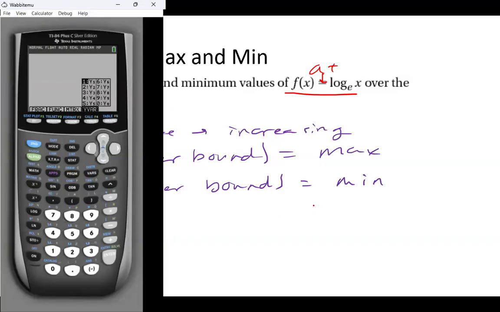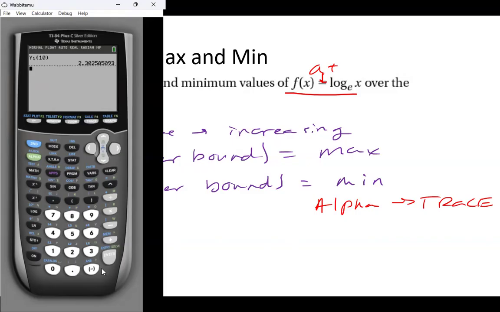Okay, so again, from the window, for my command, I'm pressing alpha, and then I'm pressing trace. And I'm going to say, well, I want to know what is f of 10. And it's going to say, well, here's your f of 10.